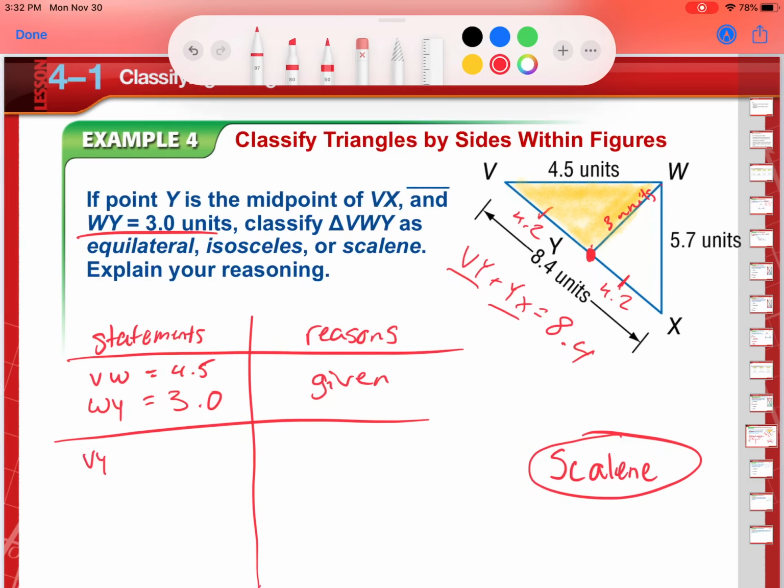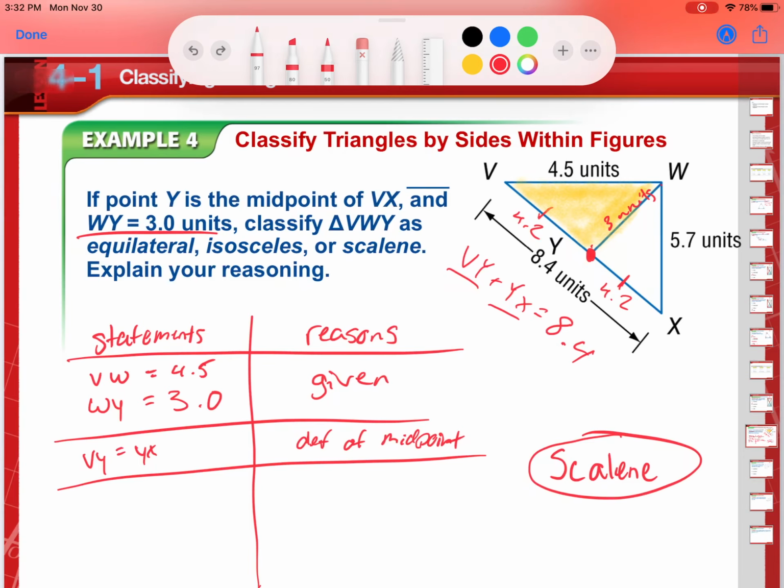My second piece, I would say that VY equals YX, and that would be definition of midpoint.